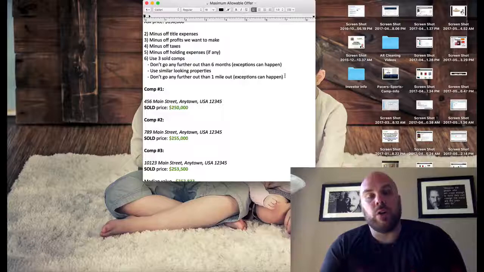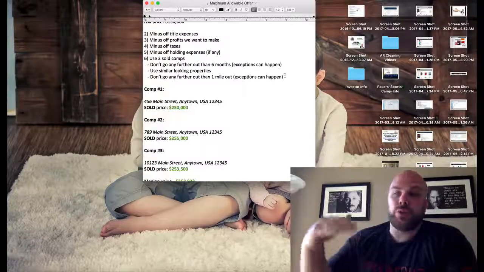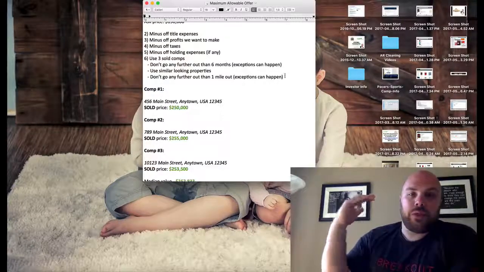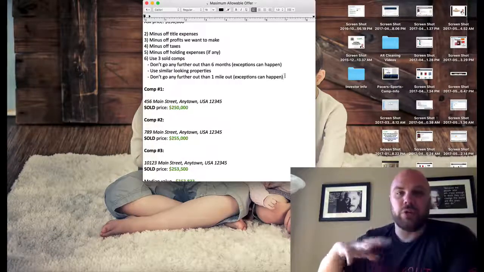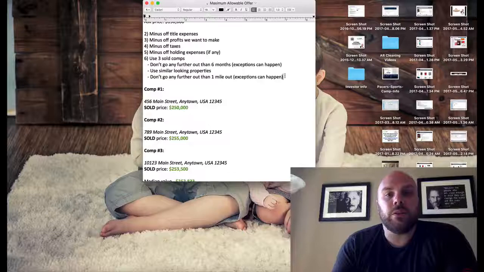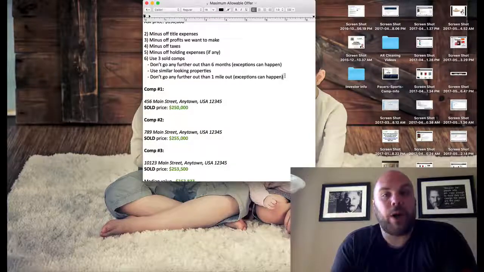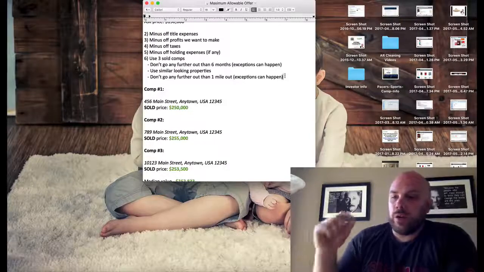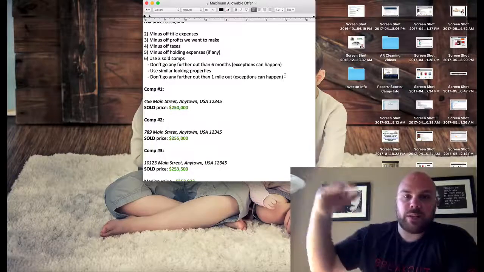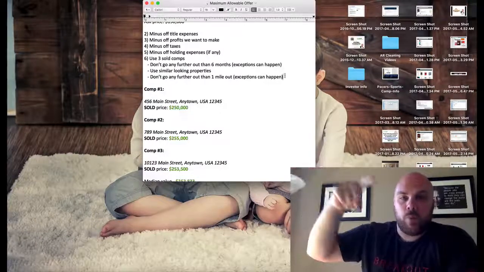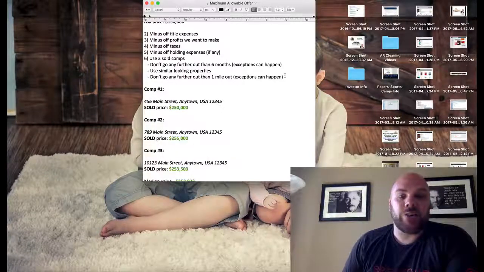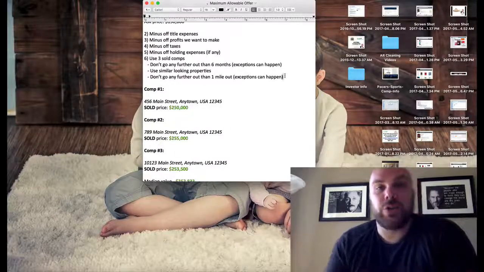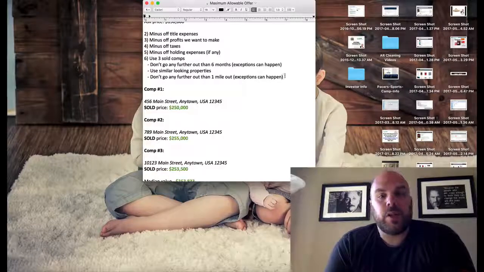Like in Indianapolis here, once you go below 30th Street, the homes start taking a major nosedive in values, and it becomes a much higher crime area. So if a property is a couple blocks north of that, I wouldn't want to include anything below that because it's going to affect the value in a very dramatic way. So make sure you definitely keep it within a good area.